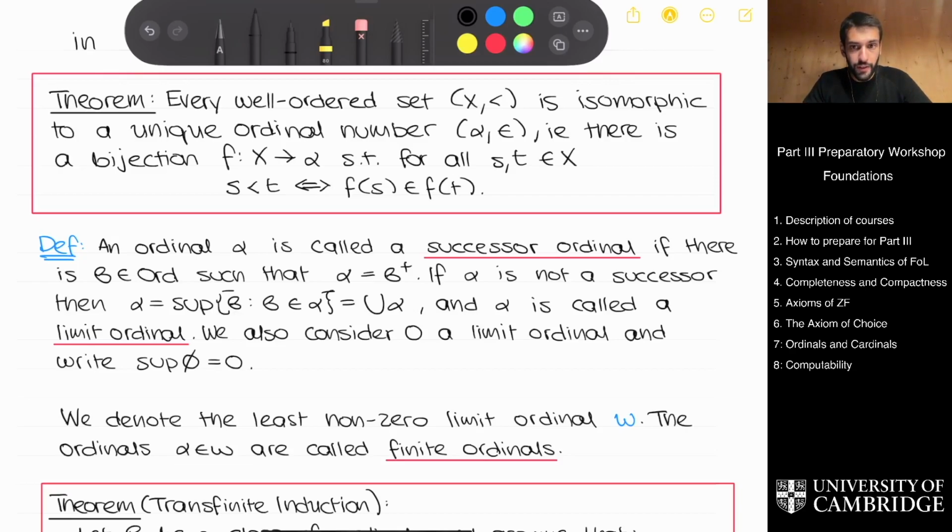If alpha is not a successor, then it holds, in fact, that alpha itself is the supremum of all things below it, in which case we say that alpha is a limit ordinal. We will also consider 0 to be a limit ordinal, and the supremum of the empty set is simply 0 itself.